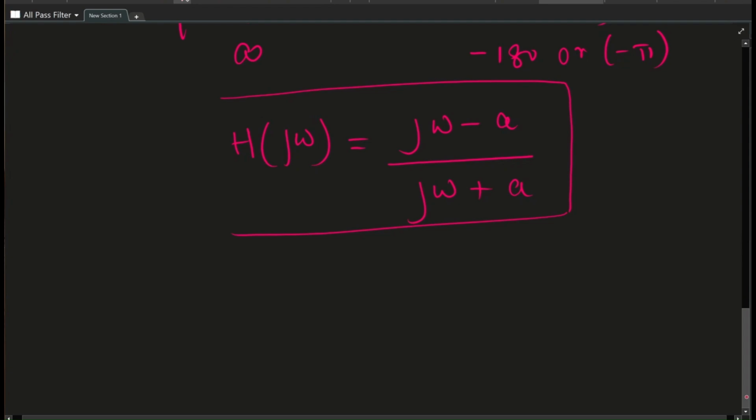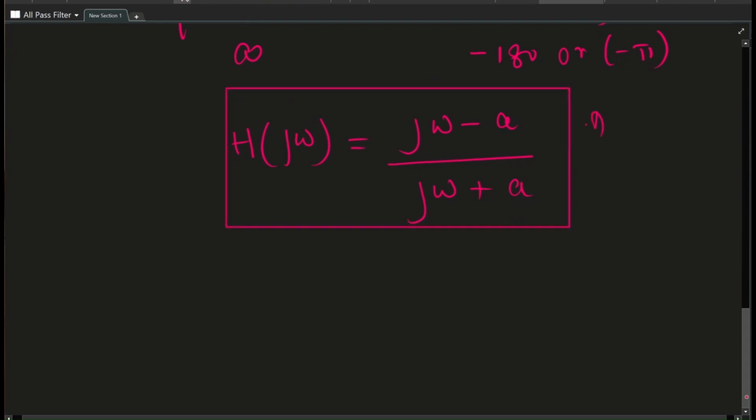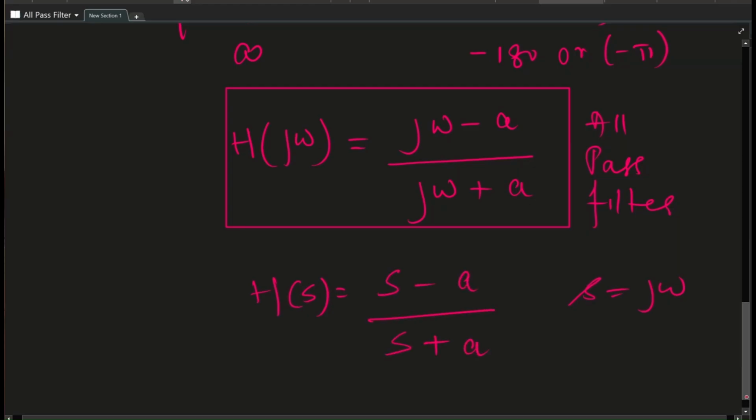This becomes the transfer function of the all-pass filter, as we have seen above. And if we have to write it in the Laplace domain, we know s is equal to j omega. The same expression in the Laplace domain can be written as s minus a and s plus a.